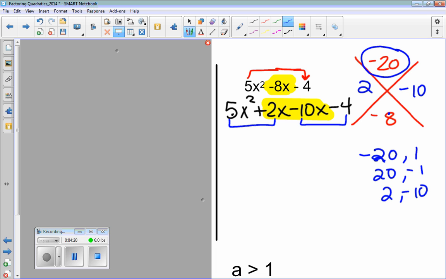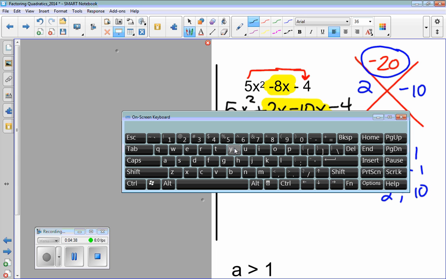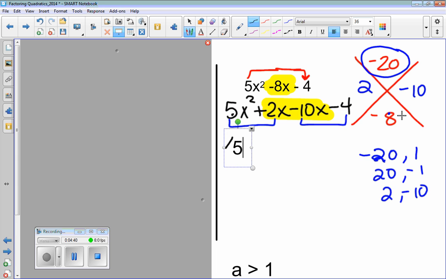Just like I did before. At this point, what am I looking for? Thing to take out, which is called the GCF. What's the GCF between 5x squared and 2x? Just an x. When I take out the x, okay, take out the x. What is left?